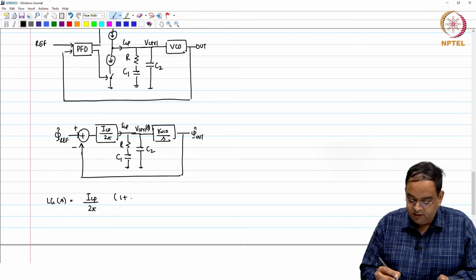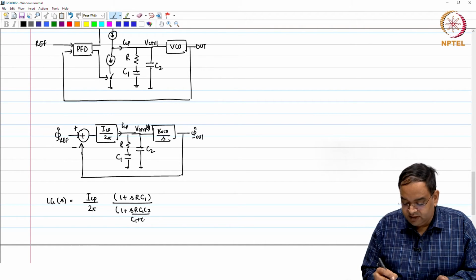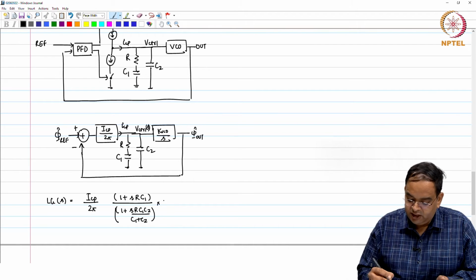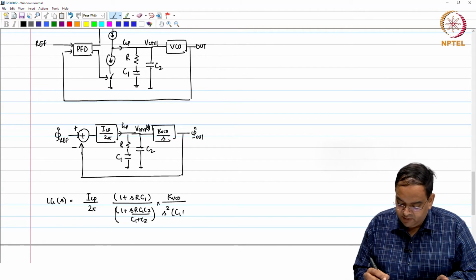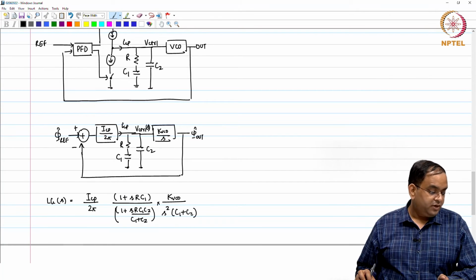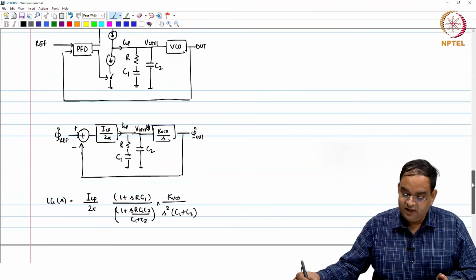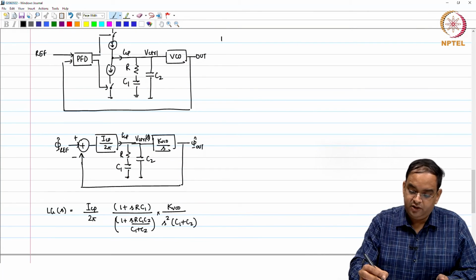If you write it together, you will find this is (1 plus sRC1) divided by (1 plus sR C1C2 divided by C1 plus C2) into KVCO over s squared (C1 plus C2). So, now with this new loop gain, we will see whether this loop is stable or not.